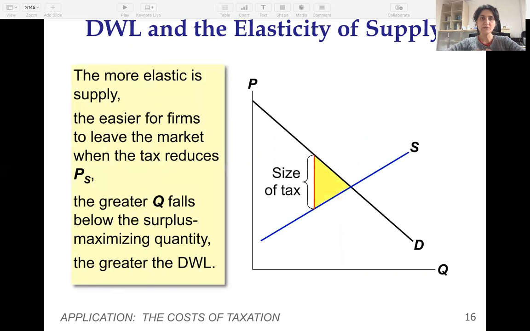The more elastic supply is, the easier it is for firms to leave the market when the tax reduces PS. The greater Q falls below the surplus-maximizing quantity in this case, and the greater the deadweight loss will be. So if supply is more elastic, deadweight loss will be greater with the tax.